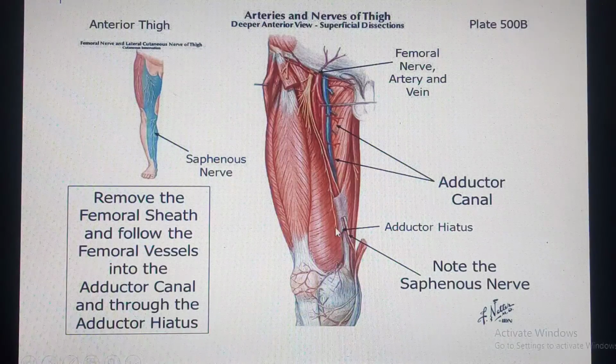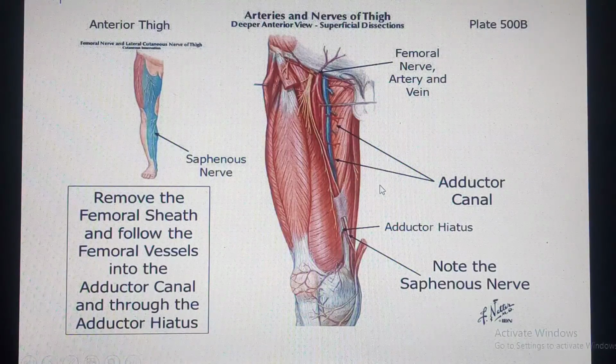Now if we look at the lateral boundary, we are going to have the medial border of the vastus medialis forming the lateral boundary. But posteriorly, we are going to have the adductor longus muscle, together with the adductor magnus muscle.